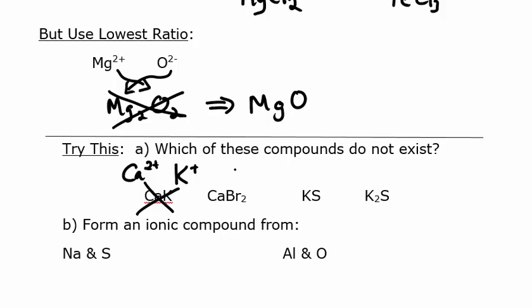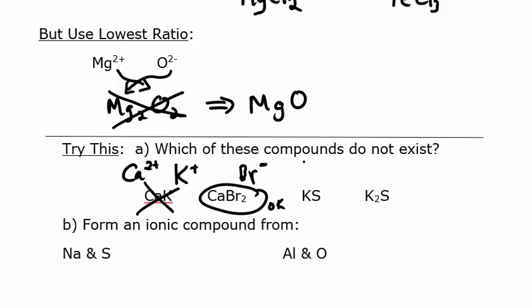Calcium we know is 2 plus. Bromide is a minus because it's in group 7, 1 away from the noble gas, and it's a nonmetal, so it's negative. So 2 bromines and 1 calcium will be a compound. So that one's okay. That one does exist.